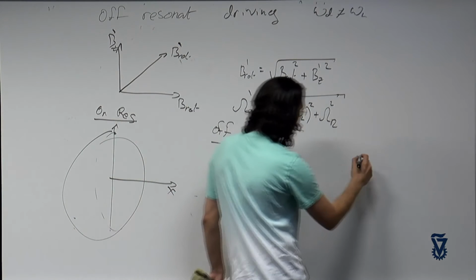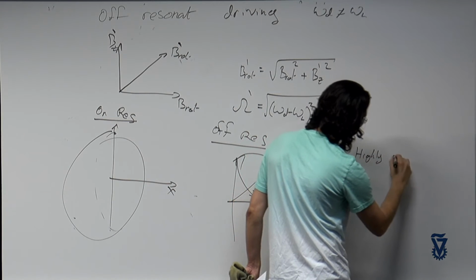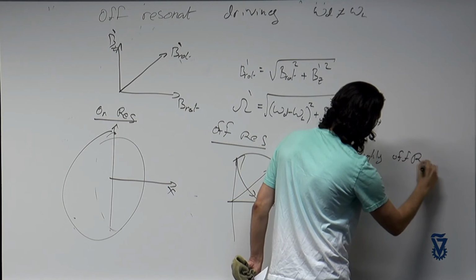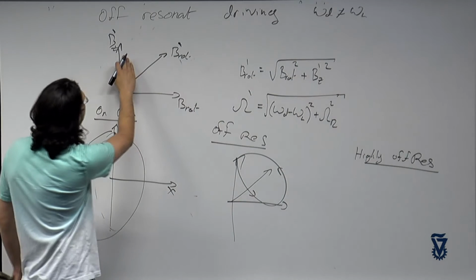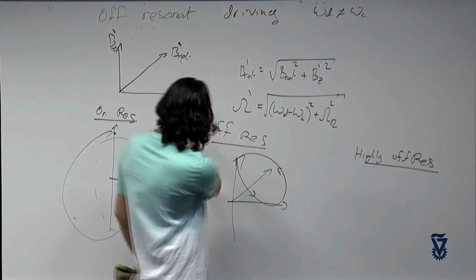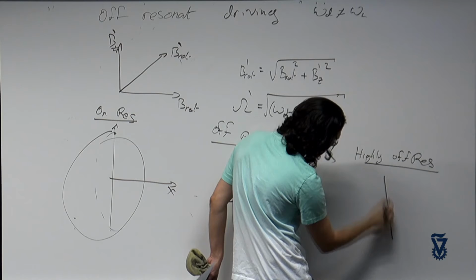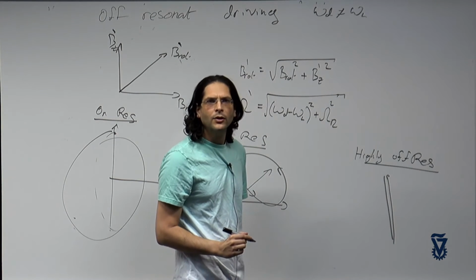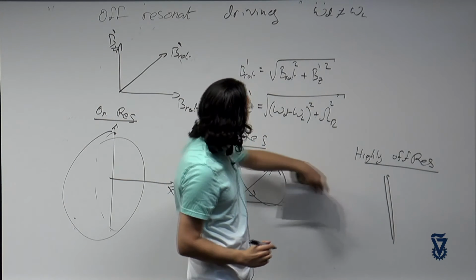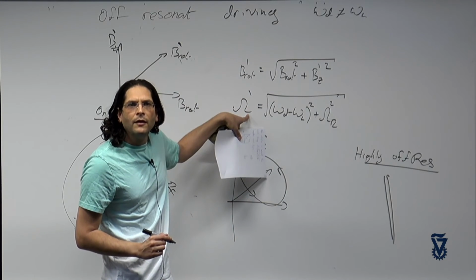And highly off resonance, meaning that our B_z field is much larger than B_rot, then our rotation axis is almost parallel to the z-axis, but our rotation frequency is going to be very, very large.